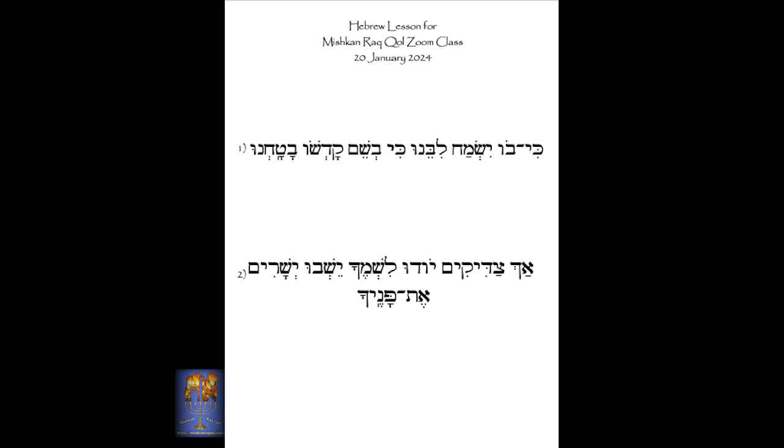For in him will rejoice. Then we have libenu. So the word lev means heart, right? And then that nu on the end means us or our. So, for in him will rejoice our hearts. Or if we were to put it in grammar for us, we would say, for our hearts shall rejoice in him. Okay. Our hearts will rejoice in him.